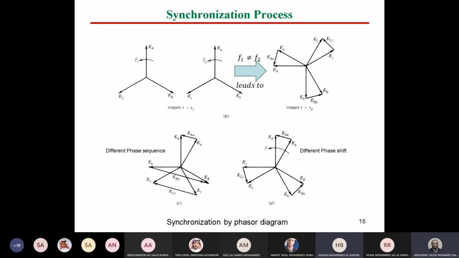If you have different frequencies, it means sometimes they start from the same point and then will have a phase shift after that, because one is faster than the other. But this is different from the phase shift condition. It's different to the condition of phase shift, yes.